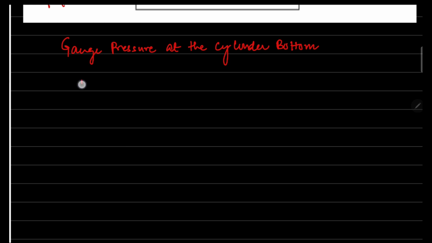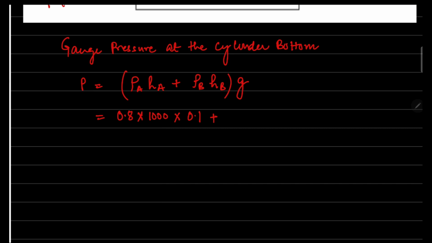We can mention this pressure as P. So this will be rho A HA plus rho B HB, into G. So rho A is 0.8 multiplied by 1000, then HA was 0.1 meter, plus rho B is 1 into 1000 multiplied by the height, which was 0.125, and multiplied by G.